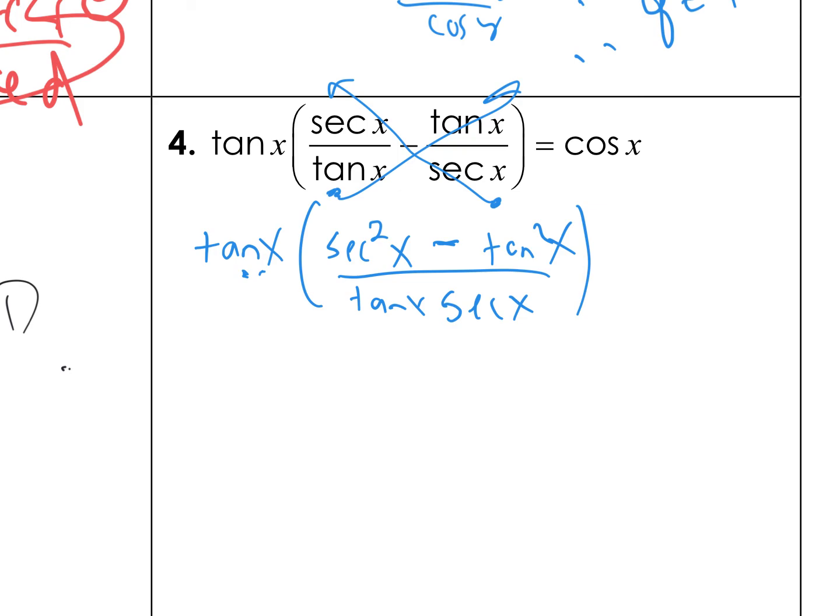And instead of multiplying this to both of these, I'm not going to do that. I'm going to cancel the tangent right now. It cancels with that tangent. So I'm left with secant squared x minus tangent squared x all over a secant of x.